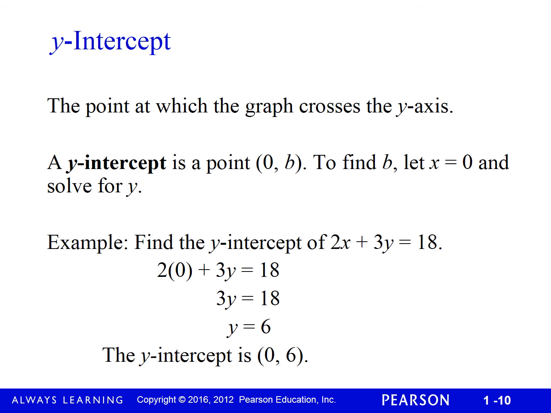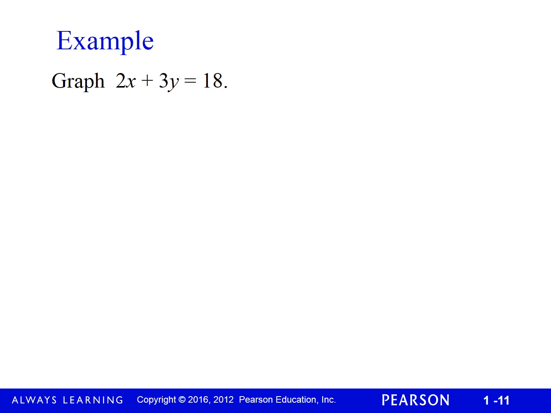Okay, so now that was the problem. Find the intercepts. But now we want the bigger problem, graph the line. We know it's a line because, let's see, we've got x to the first here, we've got y to the first here.